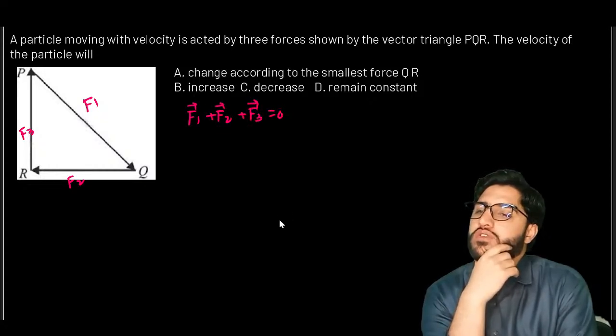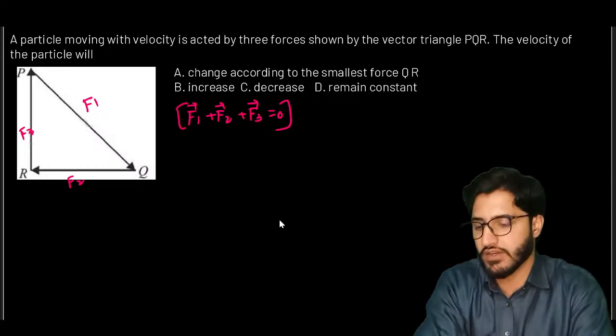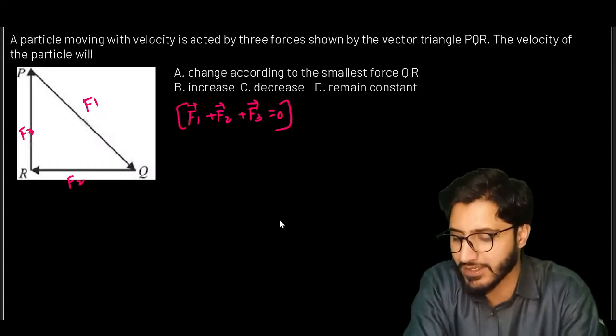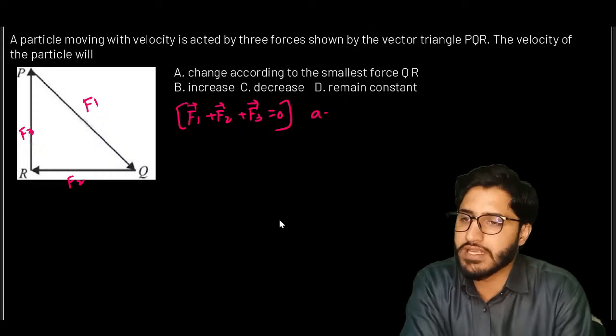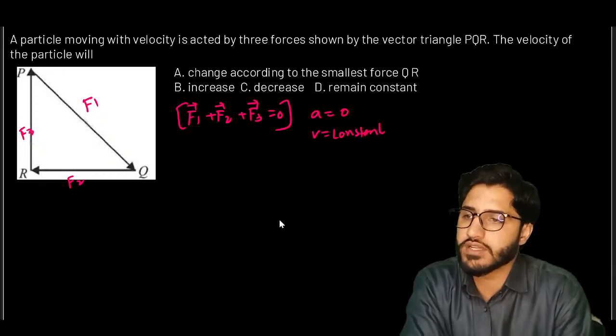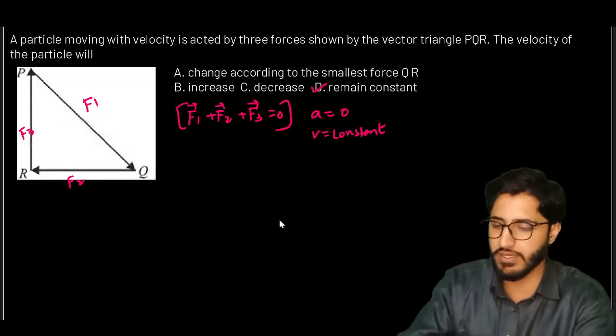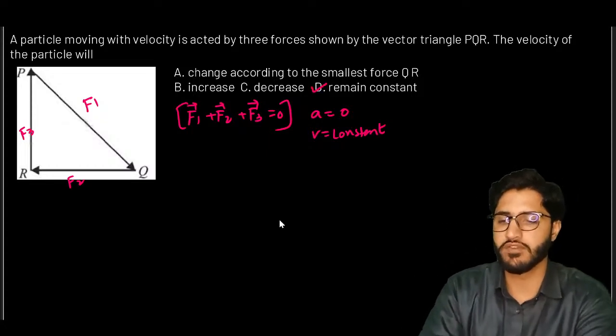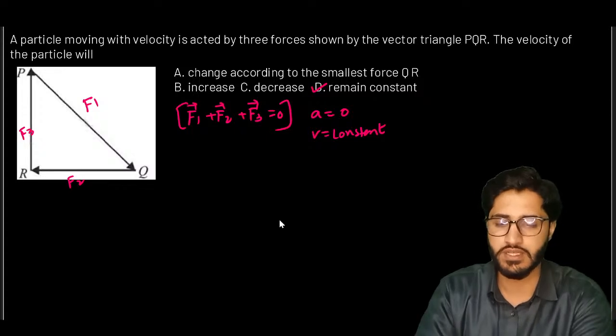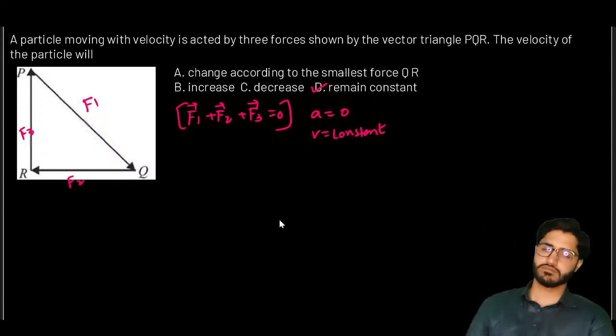Net force is 0. Clear? If it is 0, my A will be 0. So V will be what? Constant. Option D, remains constant. It will remain what? Constant. Done? This is how we can manipulate these things, right? And I guess these are very easy for us.